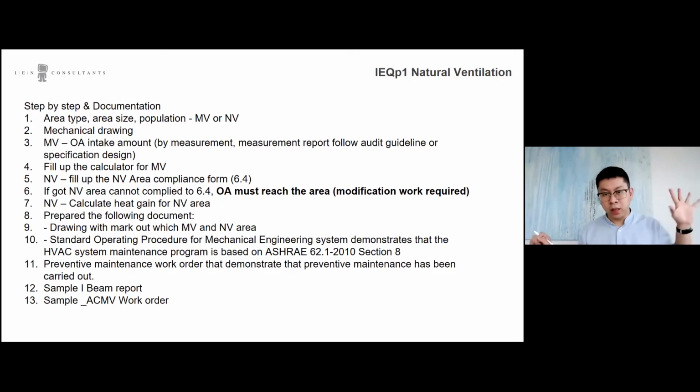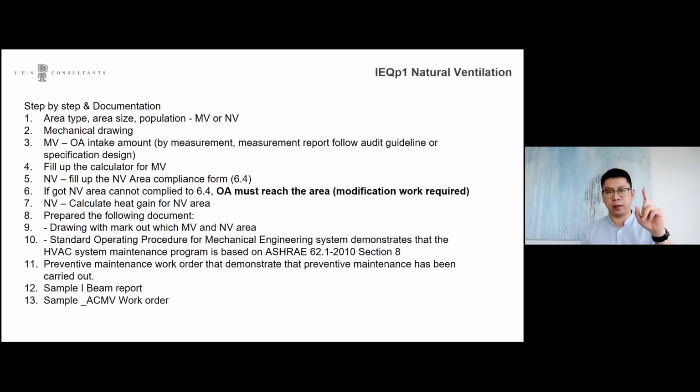And remember, the area that's served by split unit or served by FCU at the perimeter with opening, with window, we can deem that as natural ventilation area. The next one, we need to know whether it's occupied area or non-occupied area. So we divide the area into spaces. Next, we determine the area size and the population.